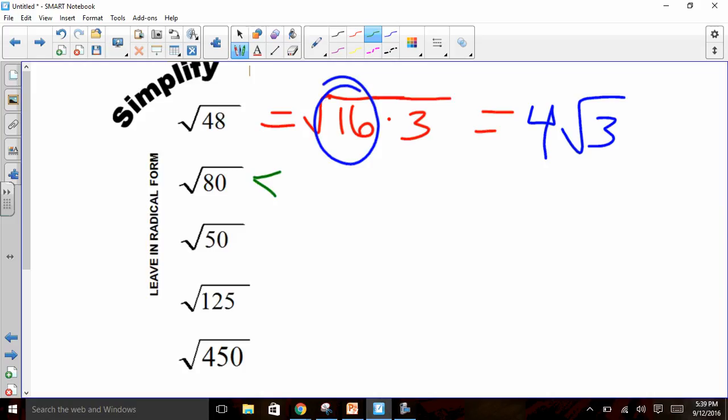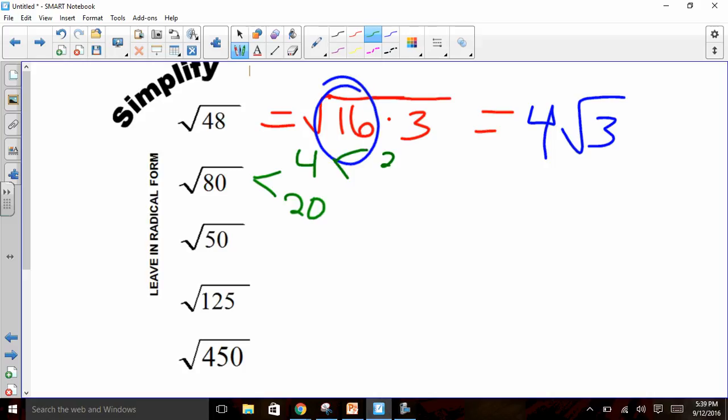For 80, I'm going to do the tree. Now, I don't have to divide by 2 every single time. In this case, I'm going to divide by 4 and 20 because I want to show you something cool. Sometimes we think of other stuff that goes into it. We could do 10 and 8, 4 and 20, 2 and 40, as long as we end up simplified as much as possible.